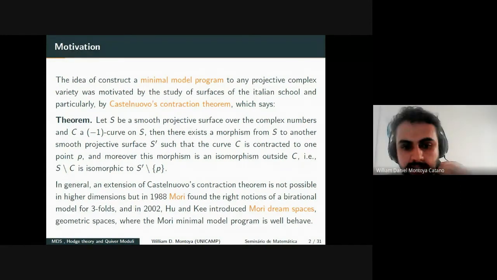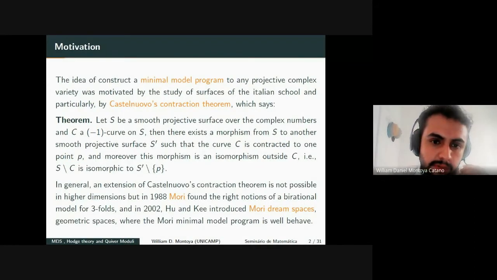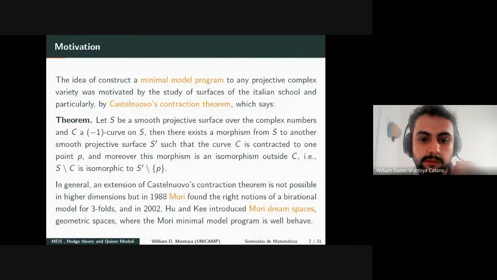But in 1988, Mori, a Japanese mathematician, found a way to define concretely, and now very well behaved, the right notions to run the same program, not only for surfaces as Castelnuovo and the Italian school did, but also for 3-folds.